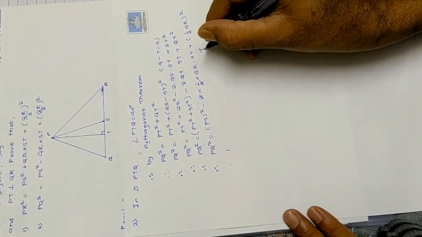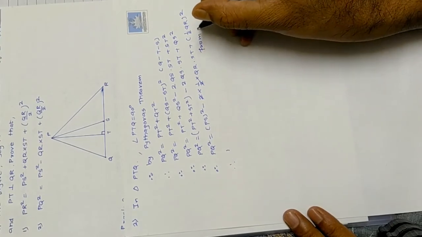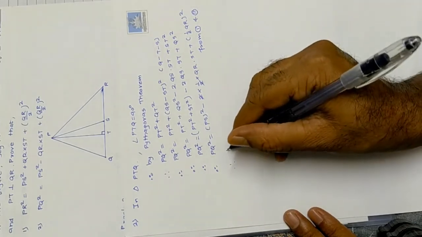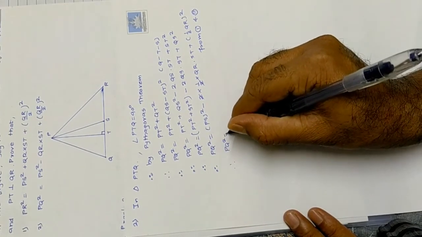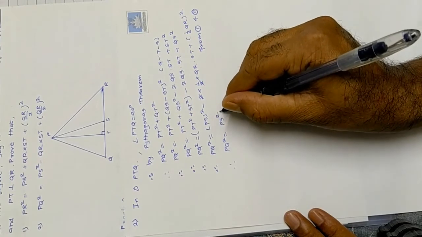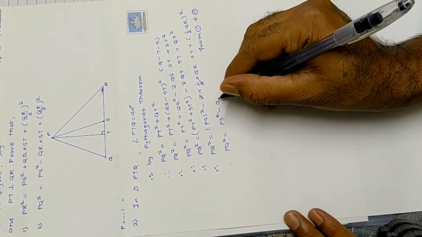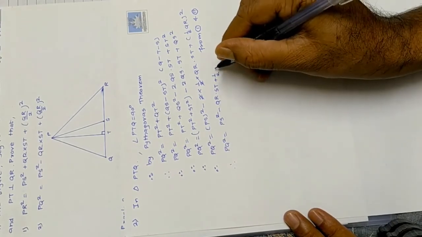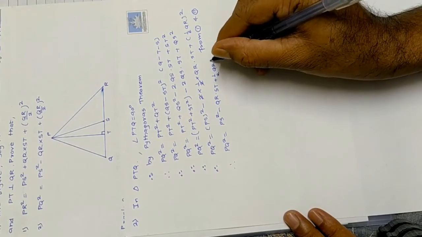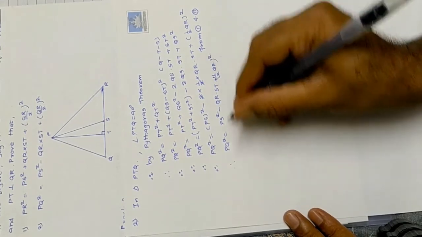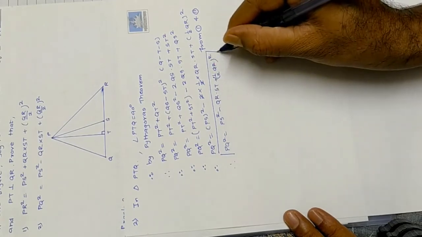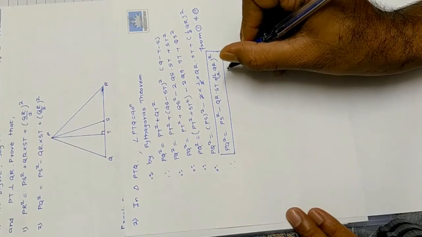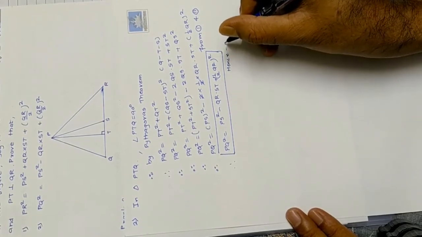Now reason you have to write here from 1 and 2. Okay, so PQ square is equal to PS square minus QR into ST plus half of QR the whole square. Hence proved. I hope it is clear to you all. Procedure is same. Only thing that you have to apply properly.